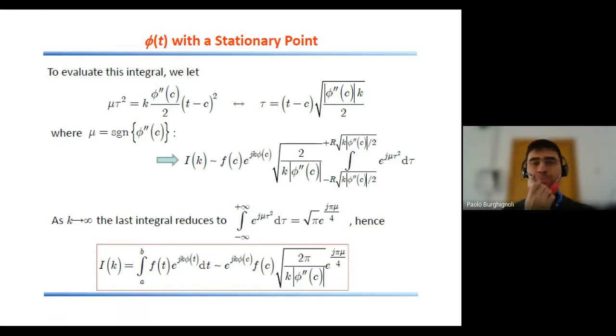So all in all, what we get is again a nice asymptotic formula, which is the dominant asymptotics of the generalized Fourier integral, given in terms of the integrand evaluated at the interior point c times this factor that is very similar to the same factor occurring for Laplace type integrals, but note that now we have an absolute value of the second derivative of the function phi. And finally, we have this exponential with a purely imaginary exponent in the last term.